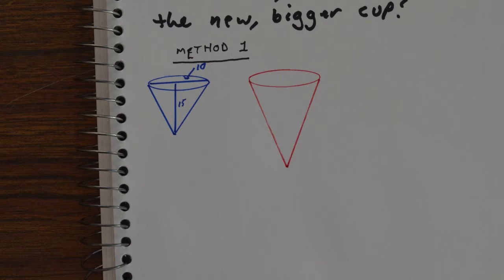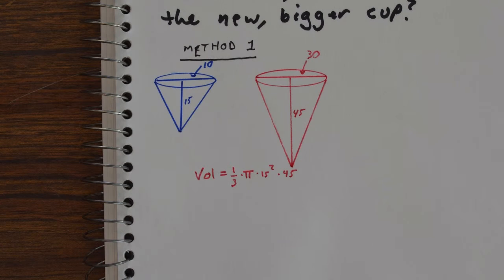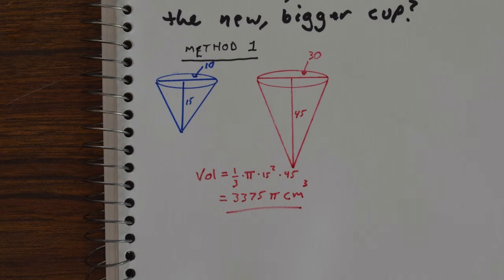The original cone had a diameter of 10 and a height of 15. And if you triple all those measurements, then the diameter is now 30. The height is now 45. And so the volume of the red cone will be 1/3 pi r squared h, which is 3,375 pi cubic centimeters.